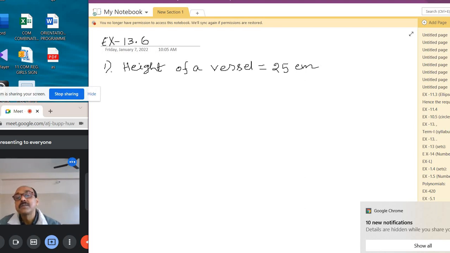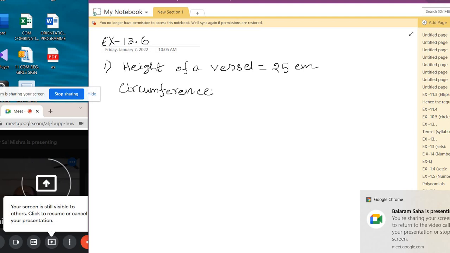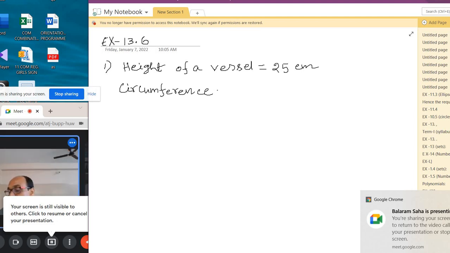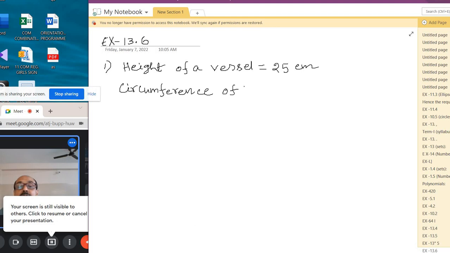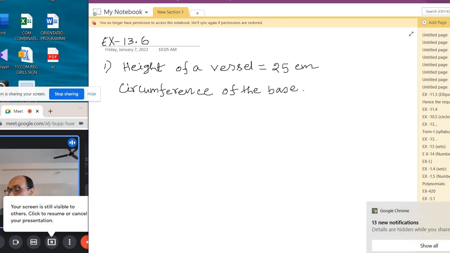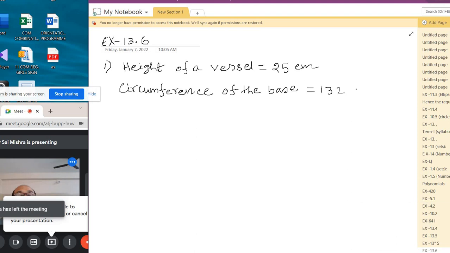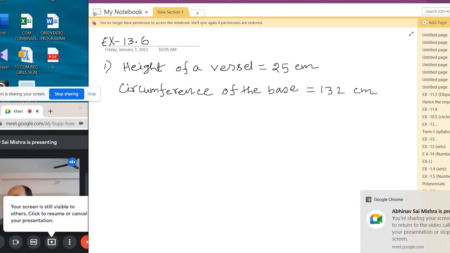Circumference of the base is equal to 2 pi r, which is given as 132 centimeter.